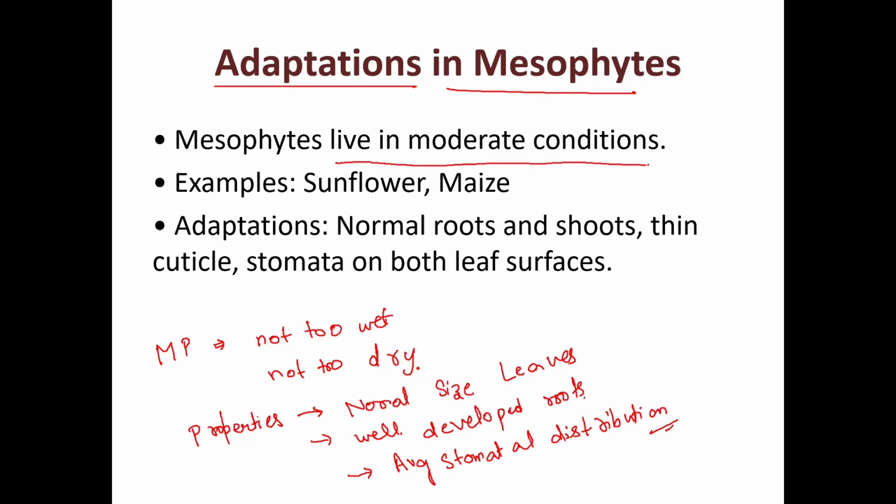Mesophytes live in moderate conditions, for example sunflower and maize. Adaptations: normal root and shoot, thin cuticle, and stomata on both leaf surfaces, average.